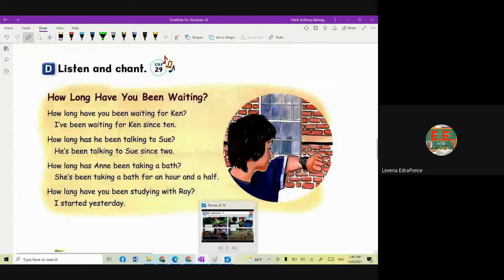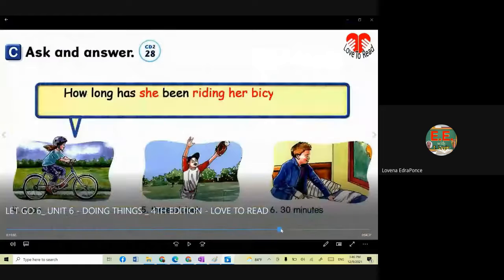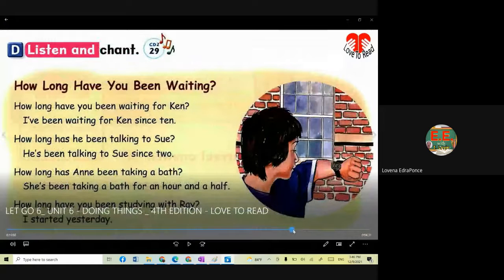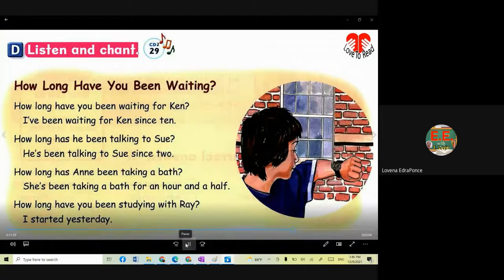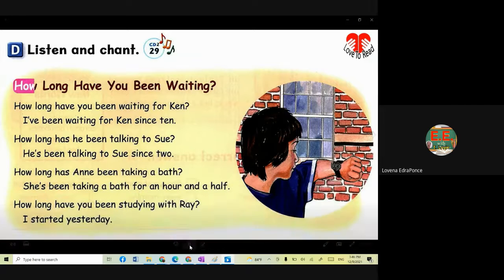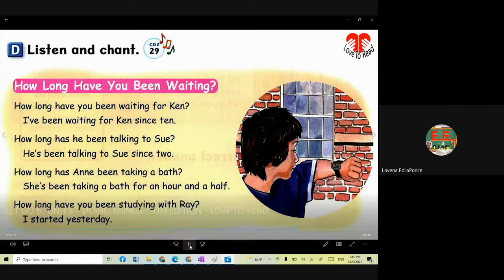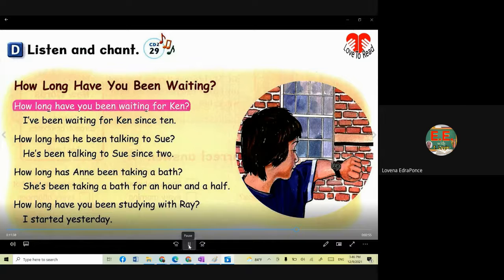Okay, so before we move on, let's listen to this one. D. Listen and chant. Page 53. How long have you been waiting? How long have you been waiting for Ken?